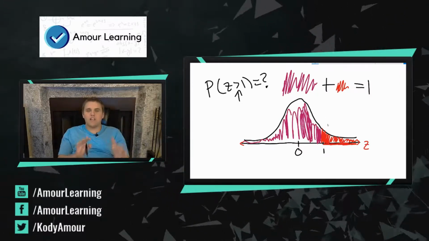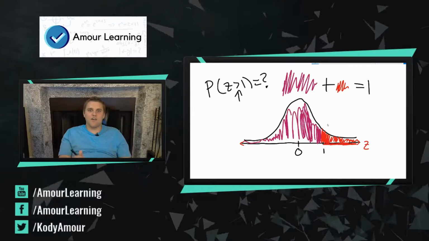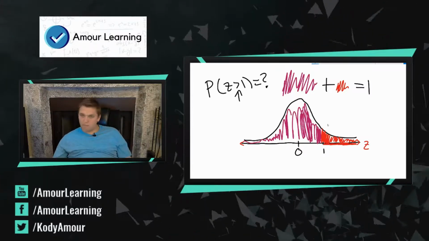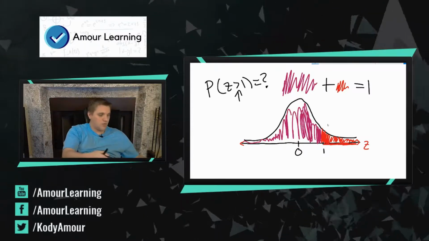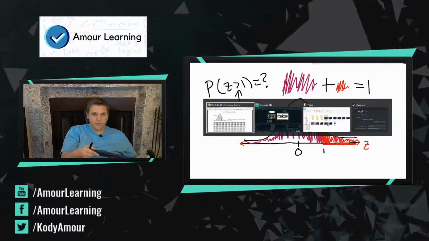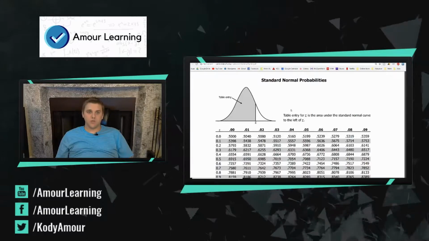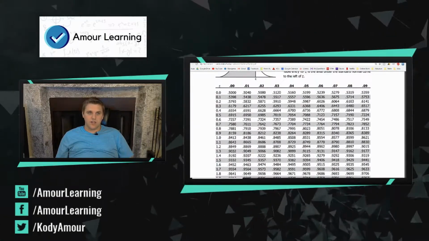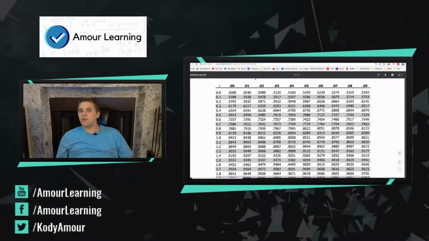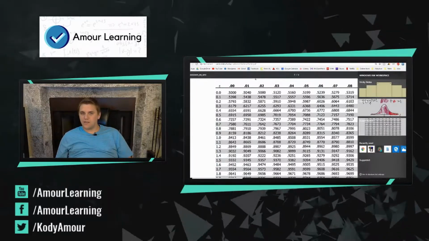So let's go to the chart and find the area to the left of z equals 1. I'm going to pull up my keyboard and switch over to that tab. All right, so we need to find z equals 1.